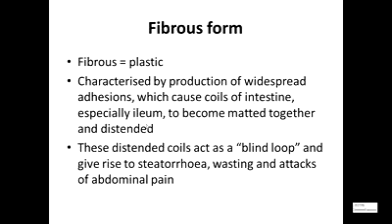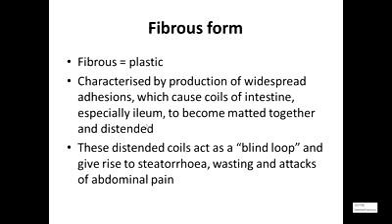Fibrous form, the fourth type. It is the fibrous or plastic form. This is a very dangerous type of tuberculous abdomen in which thick adhesions are formed, and we call it a frozen abdomen, characterized by widespread adhesions which cause coils of the intestine, especially the ileum, to become matted together and distended.